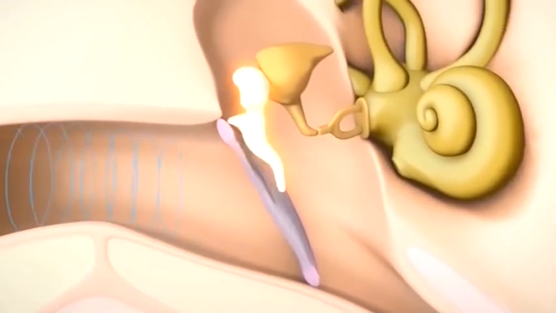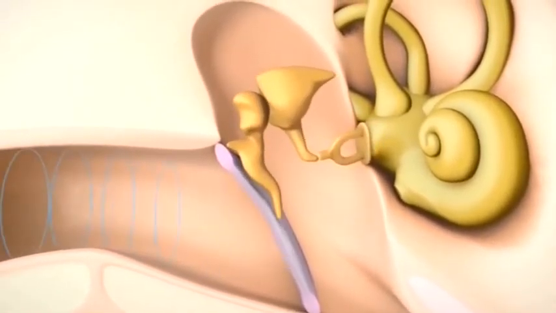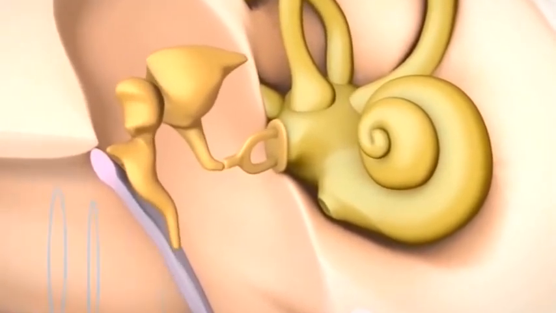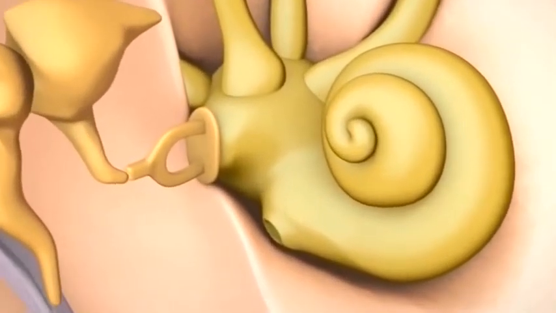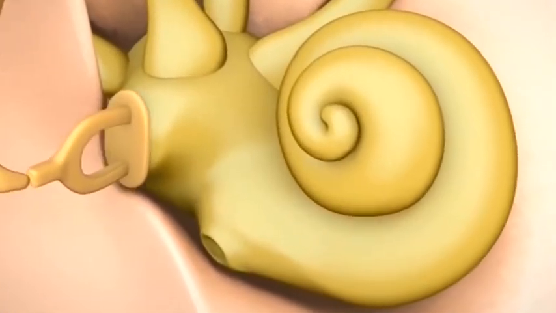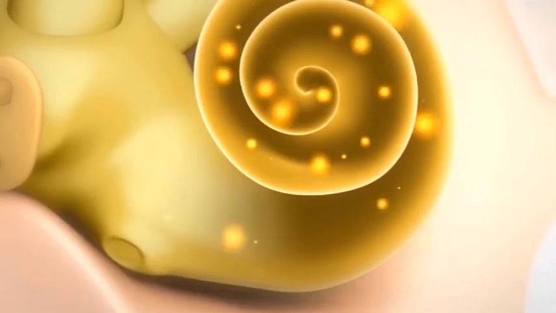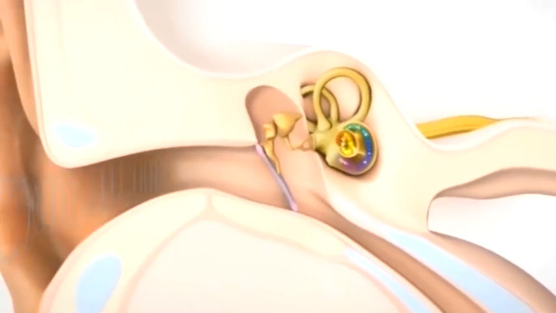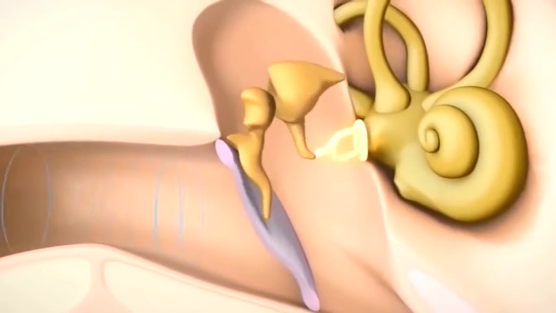The eardrum vibrates. The vibrations are then passed to the 3 tiny bones in the middle ear called the ossicles. The ossicles amplify the sound and send the sound waves to the inner ear and into the fluid-like hearing organ, the cochlea.